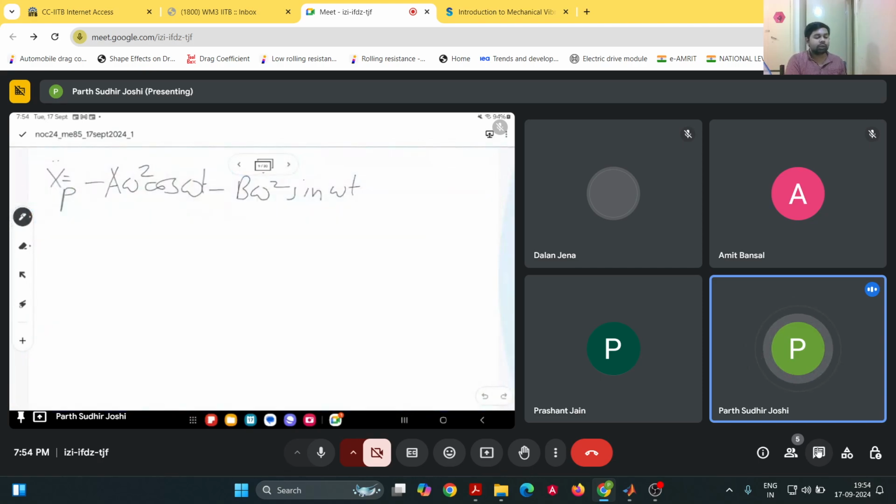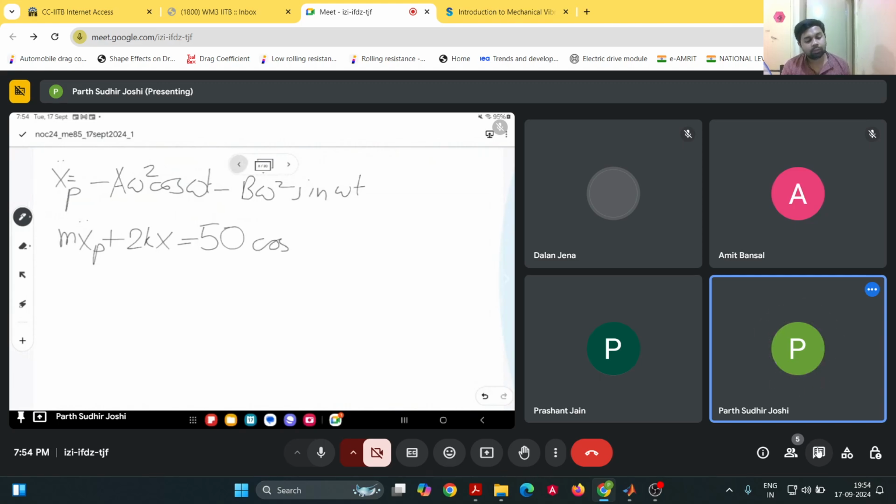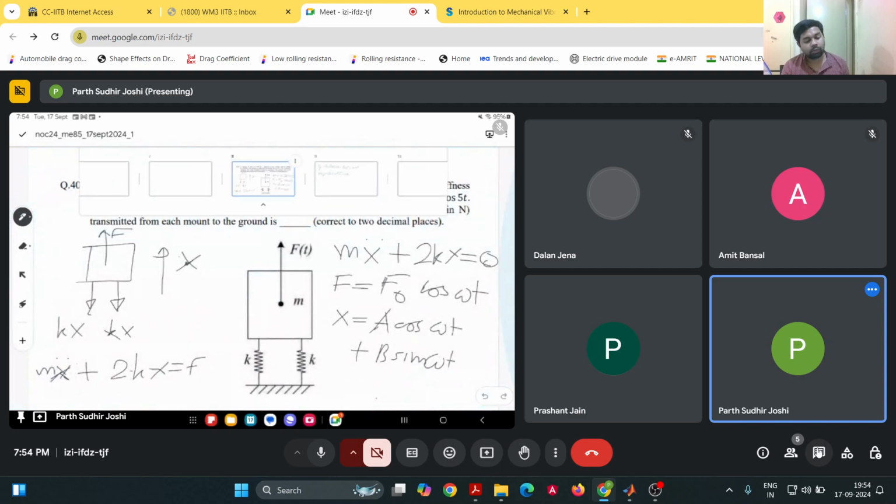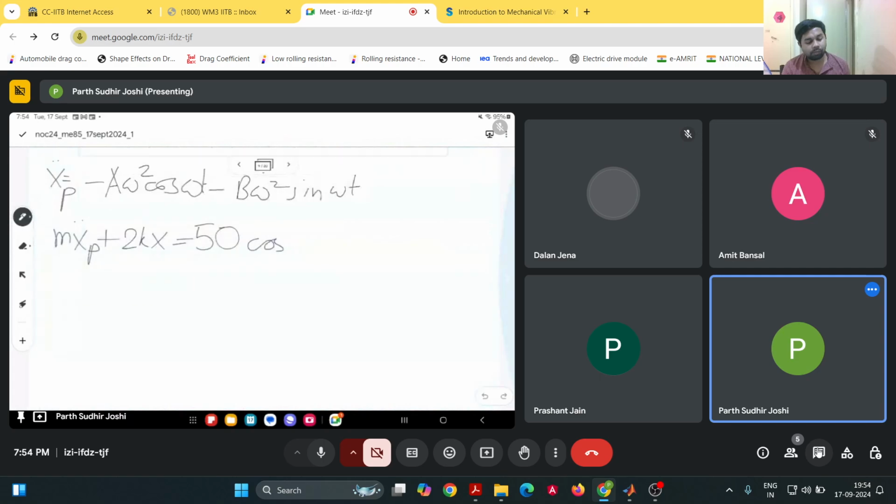Now we can substitute this in the differential equation: m xp double dot plus 2kx is equal to f, which is 50 cos 5. Omega is already known, omega is equal to 5.